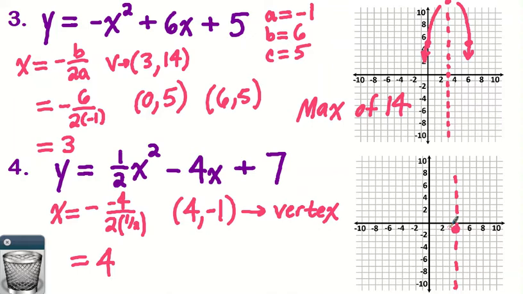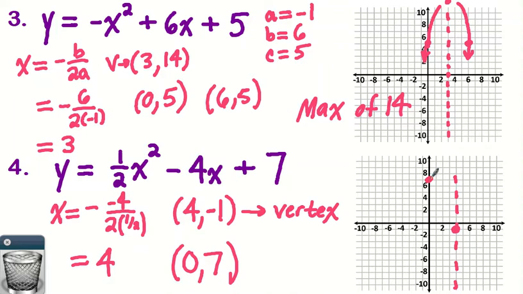So there's my vertex. Now again, to get another couple of points, let's just plug in 0, because again, this term is gone. 0 squared is 0. Times 1/2, still 0. Minus 4 times 0 is 0, that's gone. So basically, plus 7, and so y just equals 7. So 0, comma 7 is another point.